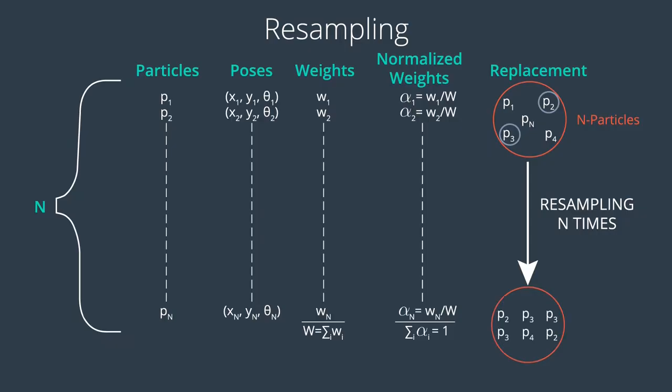At each iteration, the resampling process is more likely to pick particles with large probabilities. This process happens randomly, but is always more likely to pick particles with higher probabilities or alphas. Here, P2 and P3 were selected more than once in the new set because of their high probabilities, and P4 was selected only once because of its relatively low probability.